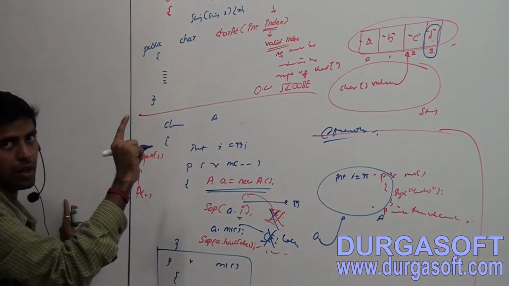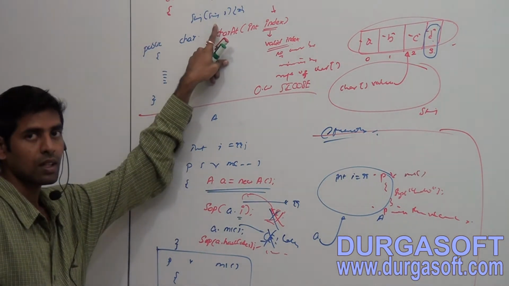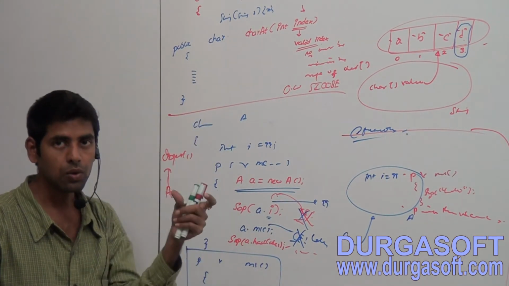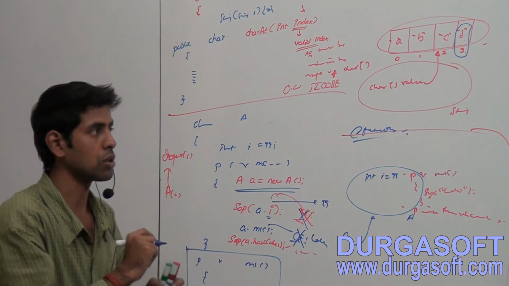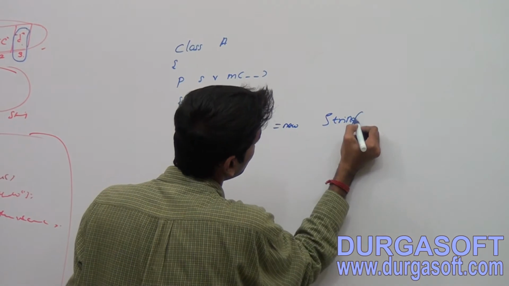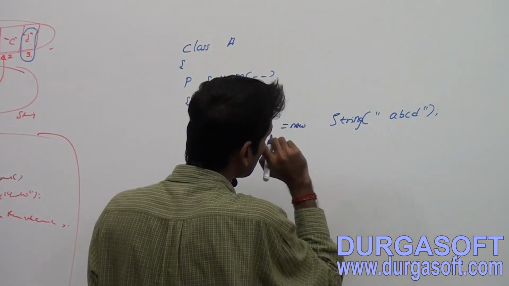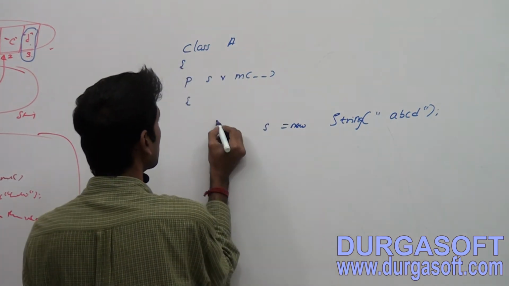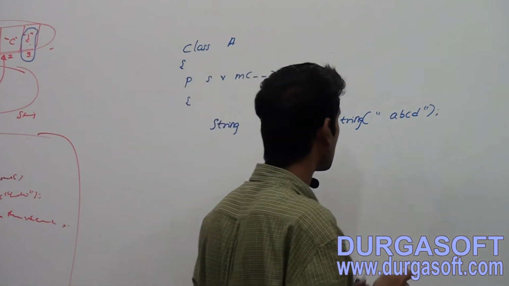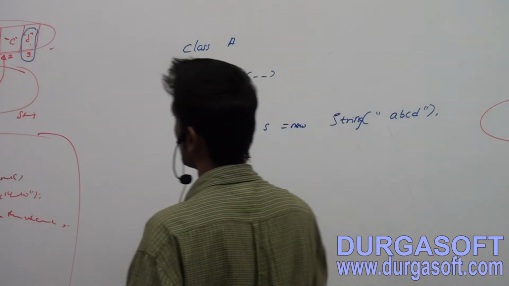Yes, we have it. Now I want to pass this argument as data to the string object. Observe here: new String of ABCD. Now what happens because of this statement? What happens in memory? There will be a string object.